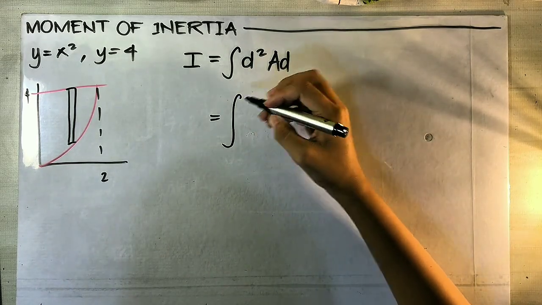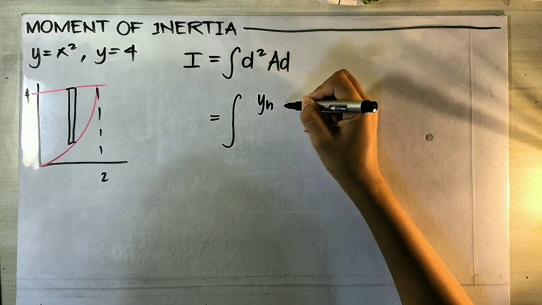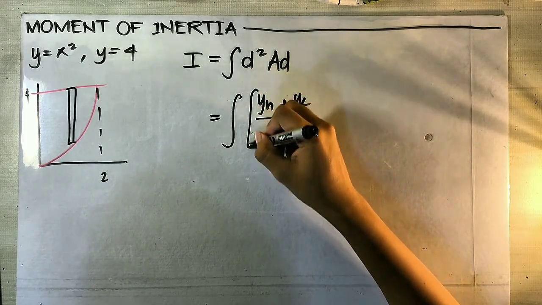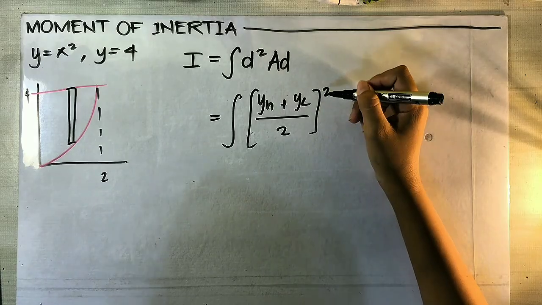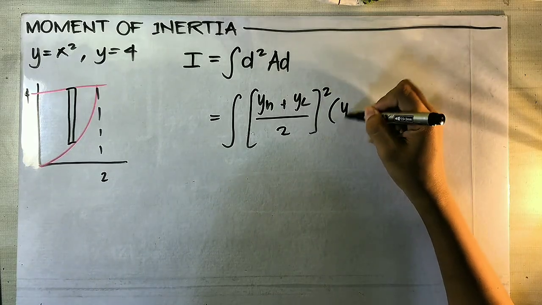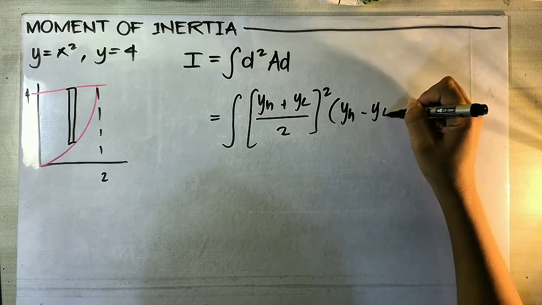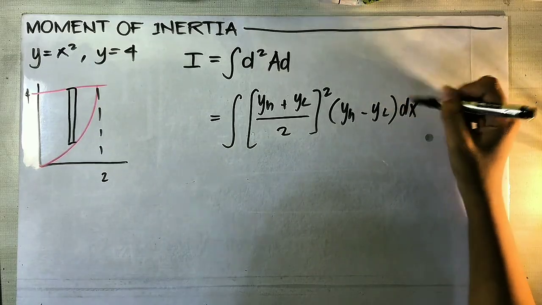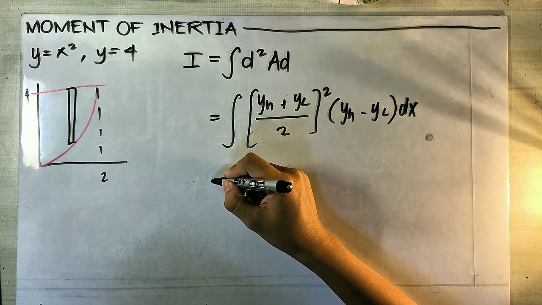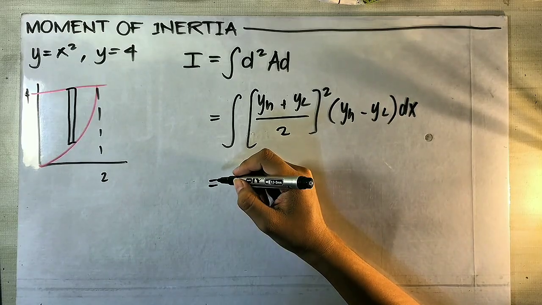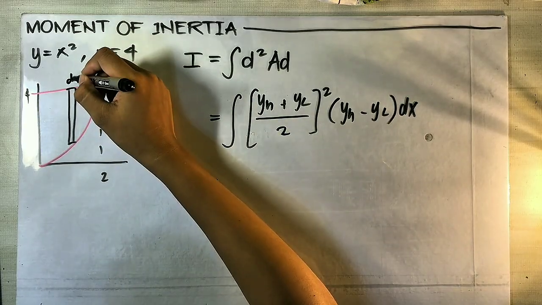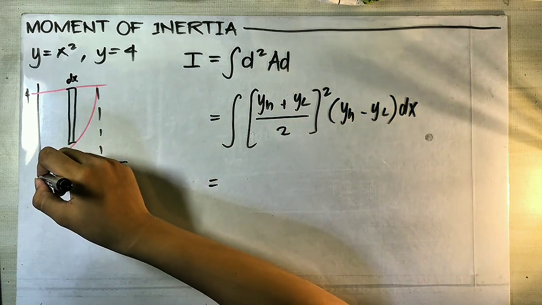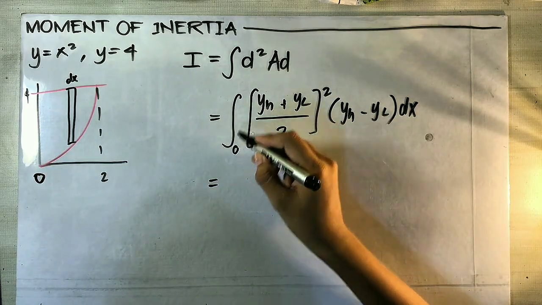This is the integral of y high plus y low over 2 squared times y high minus y low dx. This is the area, this is our distance. So our limit is, since we are dx, our limit is from 0 to 2.